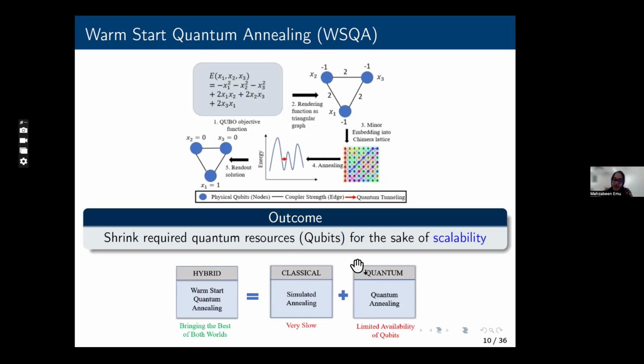By combining both of these techniques, our aim is to solve the optimization problem faster than classical algorithms, and we are also able to solve reasonable scale or intermediate scale optimization problems that are not possible with standalone quantum computers. So speed gain and scalability are the major key metrics here.